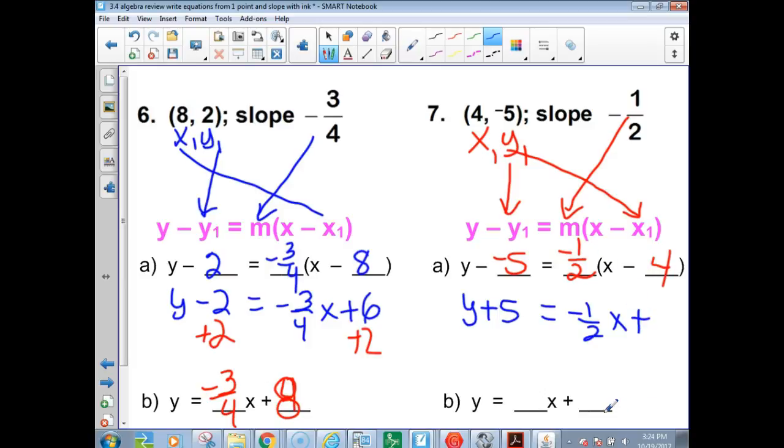Half of 4 is 2. This time we're going to have to subtract 5 from both sides. That's going to give me negative 1/2 x, and 2 minus 5 would be negative 3. I don't like how they wrote plus there, but whatever. It's all right if you have plus and negative, but I would usually write just minus 3 at the end.